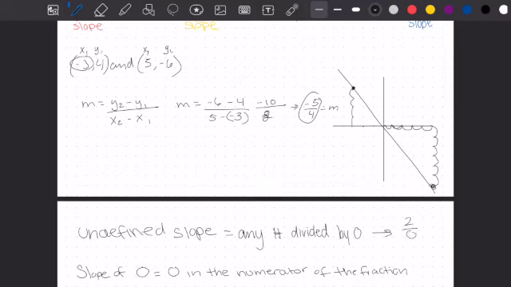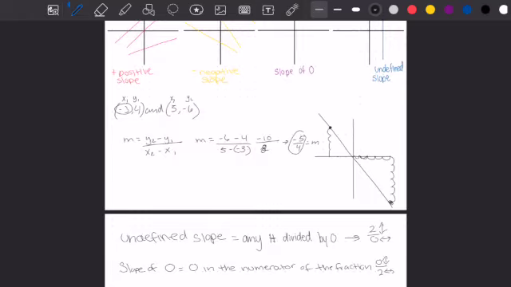So for example, this one could be 2 over 0. So the rise is 2 for every 0 spaces we move left or right. Now the slope of 0 would be a rise of 0, so there's no change up or down, over a run of whatever value we put there.